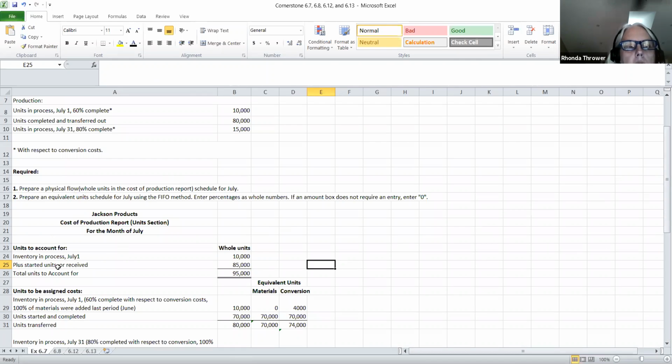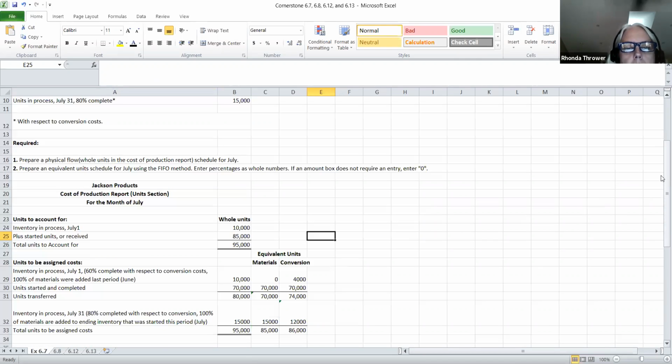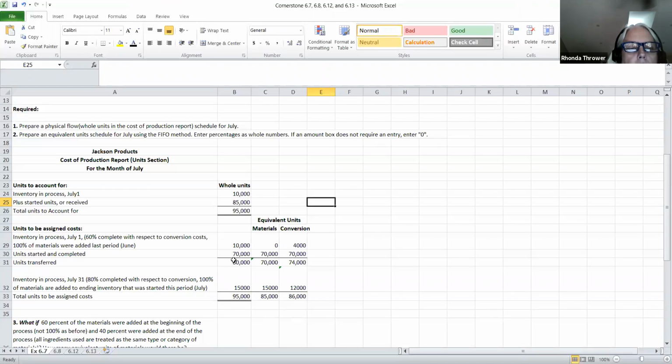Since we don't know how many units were started, they didn't tell us that, we would have to find the units that are started. We also don't know the total units to account for, but we can determine this part in the second part of the unit section on the cost of production report.